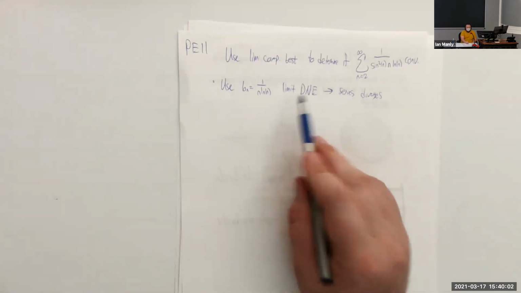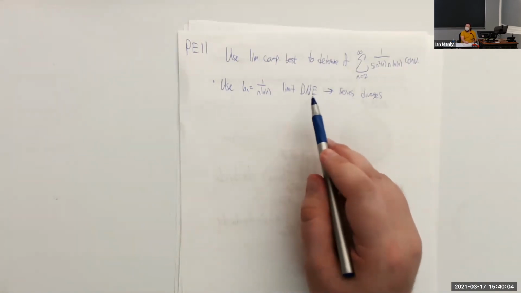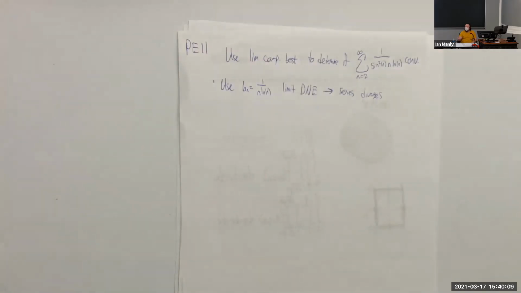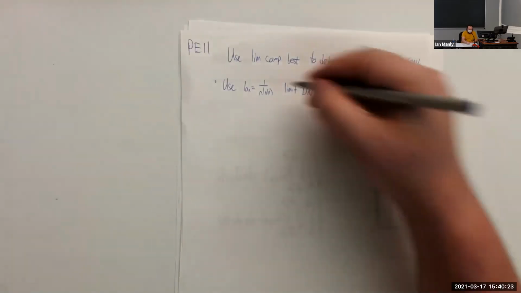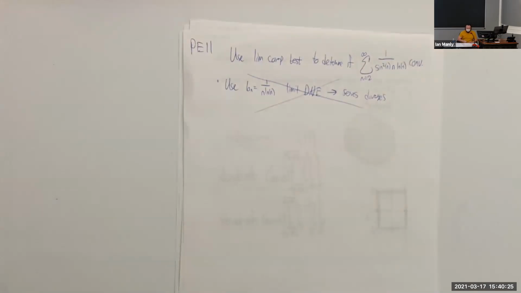If the limit you get out of the limit comparison test doesn't exist at all, it's not on the spectrum from 0 to infinity, right? And that was how we judge whether or not the limit comparison test gave us something useful. If it just doesn't exist, then it's not going to say whether it converges or diverges at all. So that's not going to be correct for sure.